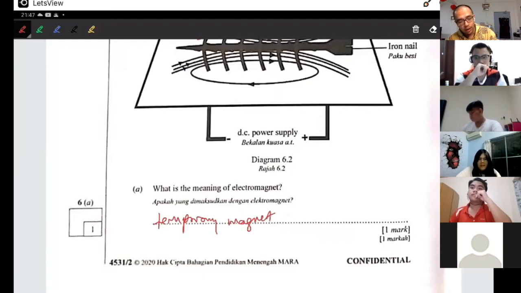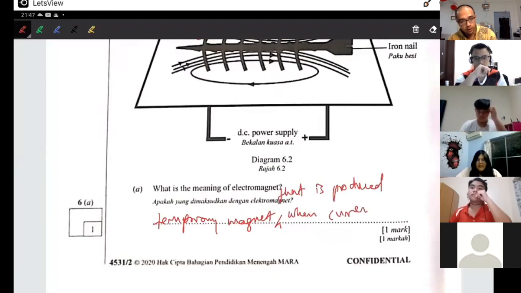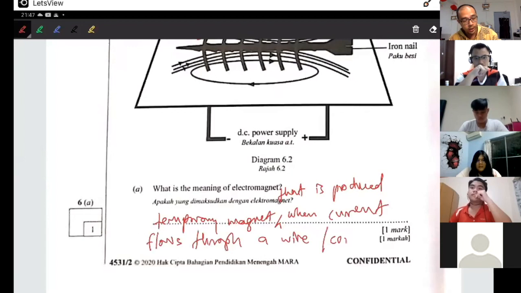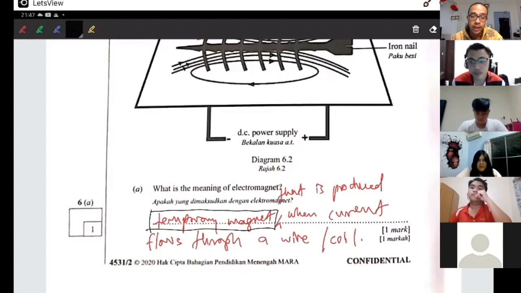Okay, when, that is produced when current flows through a wire or coil. Okay, so the key word is the word temporary magnet. And then macam mana temporary magnet itu terhasil is apabila arus mengalir melalui wire atau coil. Okay, when the current flows through the wire or coil.